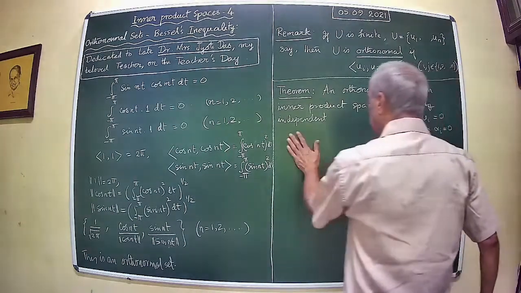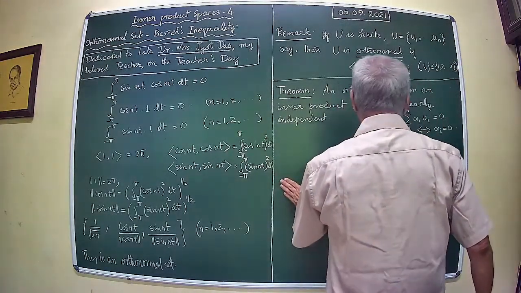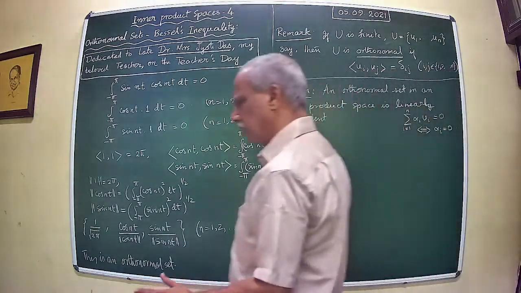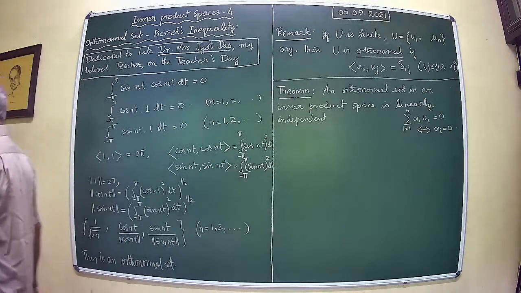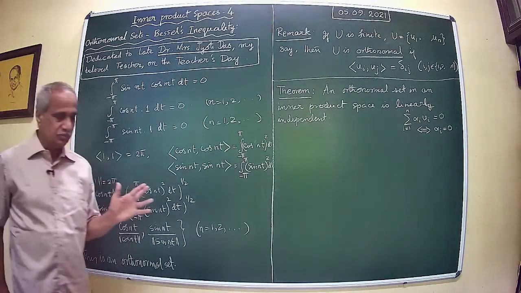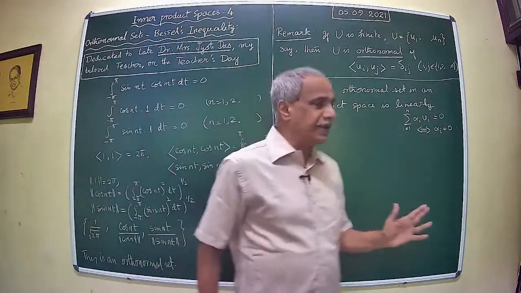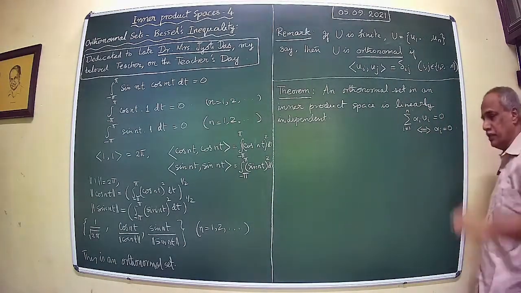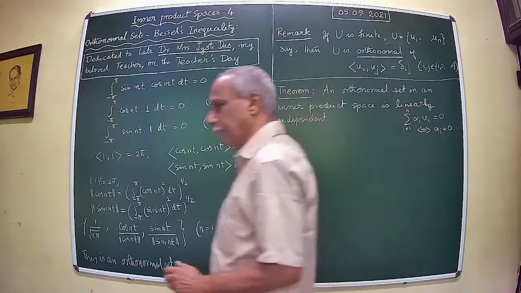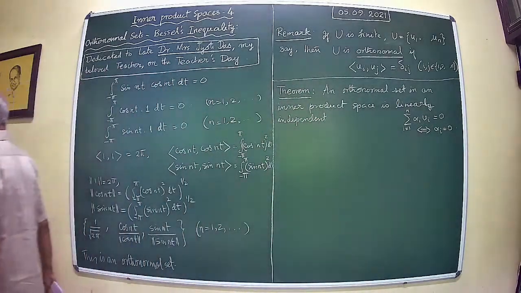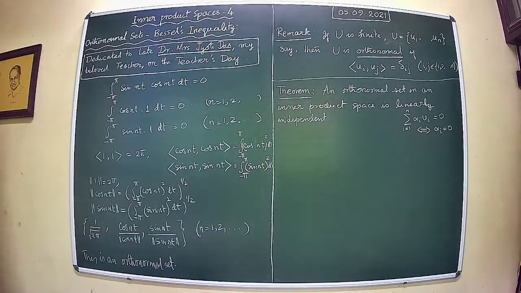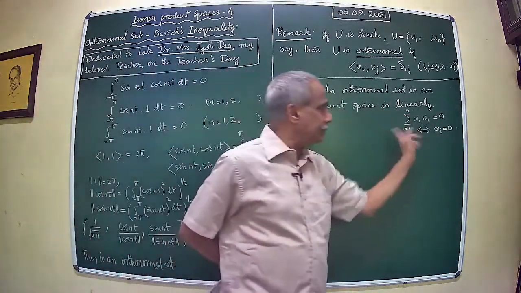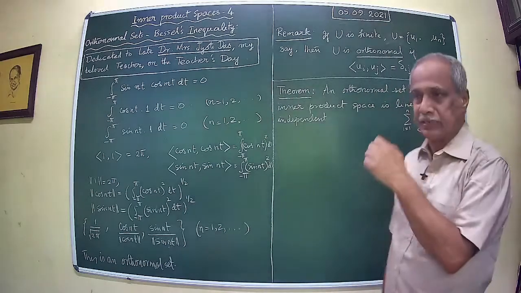And we say that an infinite subset of an inner product space, or for that matter of a linear space, is linearly independent if and only if every finite subset of that collection is linearly independent. Okay, because we already know the linear independence we have defined for finite collections.